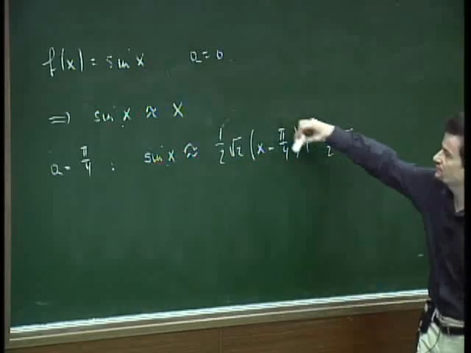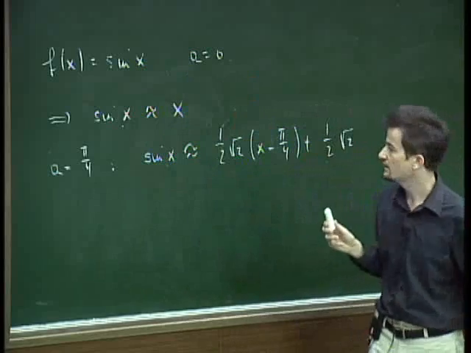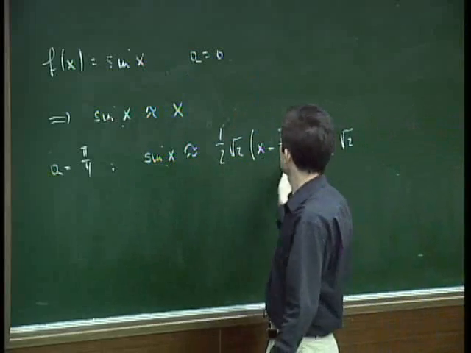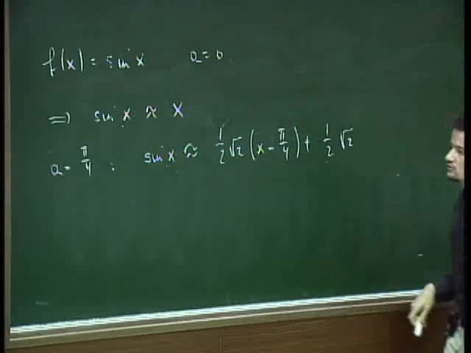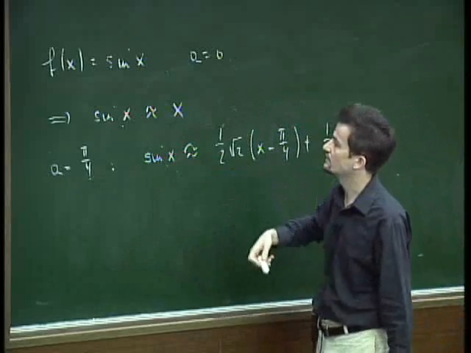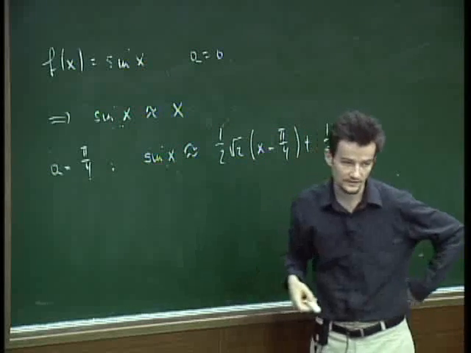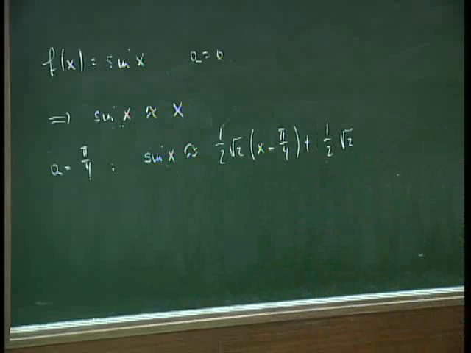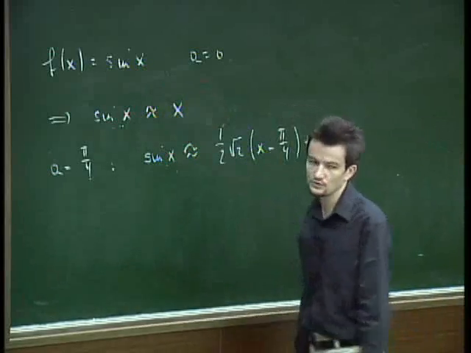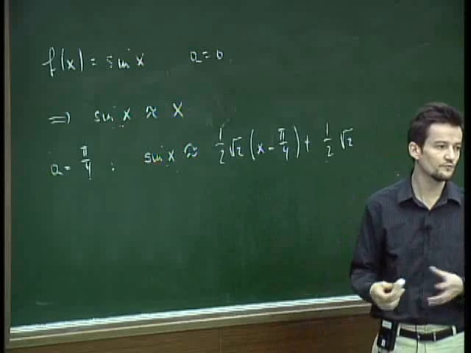But of course, there is a difference here. This approximation is good if x is close to 0, and this approximation is good only if x is close to pi over 4. So for instance, if you have a value of 0.1, then you can roughly approximate sine of 0.1 by just 0.1.